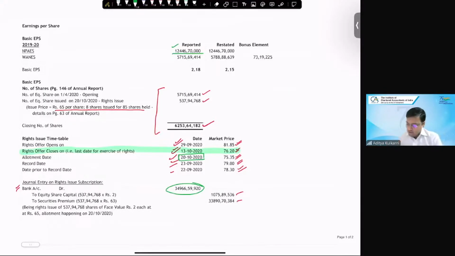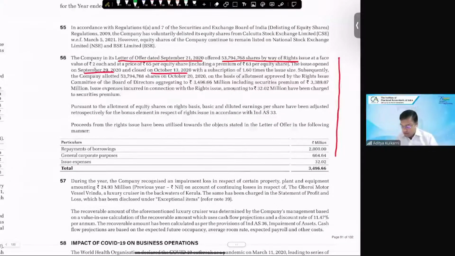So this is the original value divided by 571,569,414. But when I am restating it, what is the component that will get added? The bonus component is what is getting added to it. Yes or no? Yes, sir. So I am adding the bonus component, and you can have a look here.